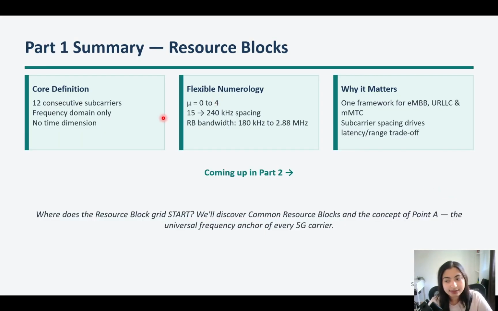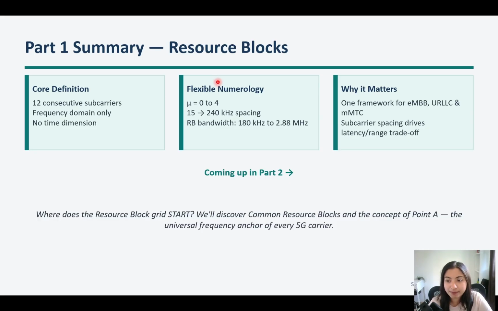Now let us consolidate part 1 of this series. Resource blocks are the fundamental unit of spectrum allocation in 5G NR. They always consist of 12 subcarriers, unlike in 4G where they are defined in both frequency and time domain. So in 5G, a resource block is defined only in the frequency domain.